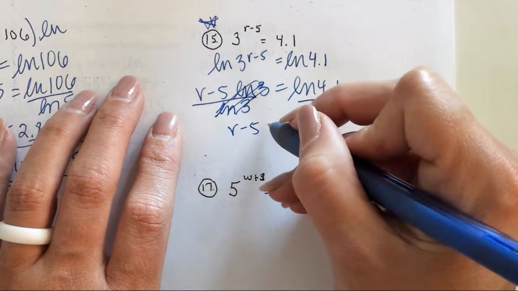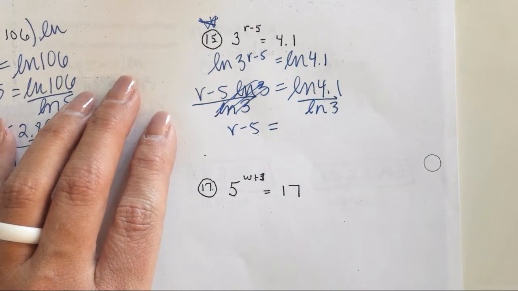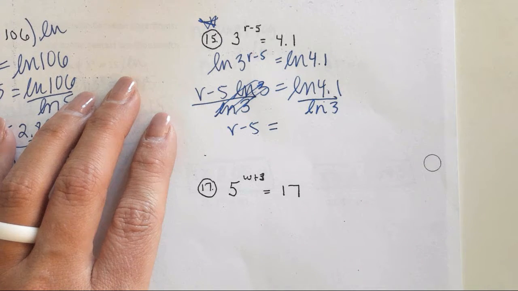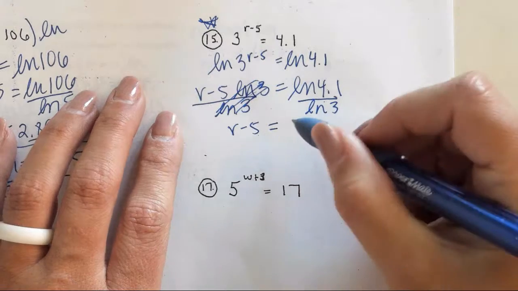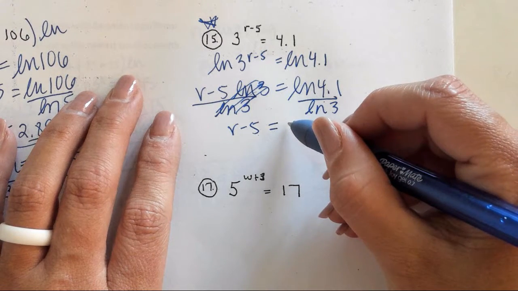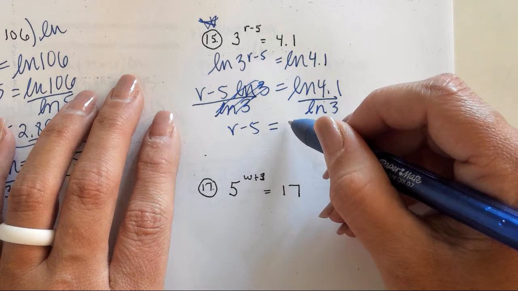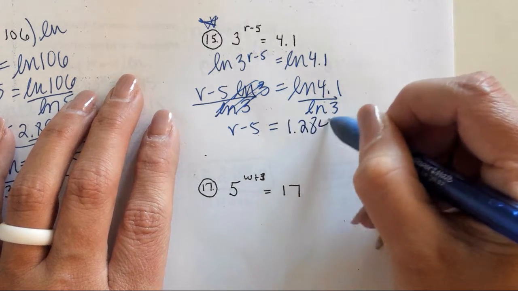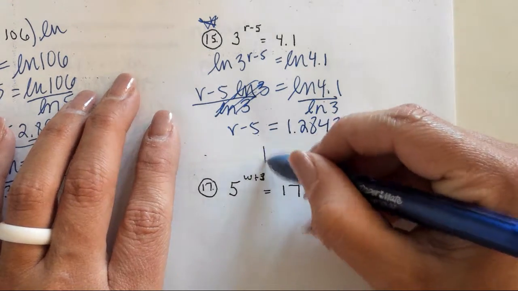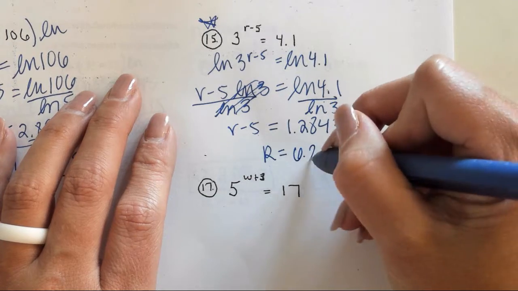So get r minus 5 equals, and go ahead and find that value. What'd y'all get? Very good. And then from here you would just do what? Add 5. Good. So not too much different.